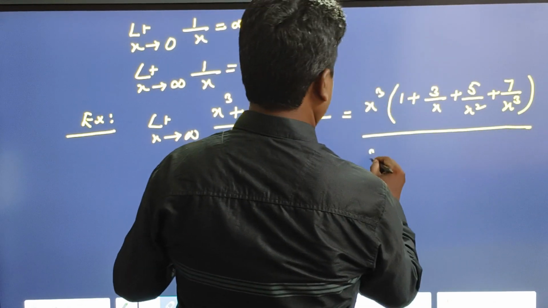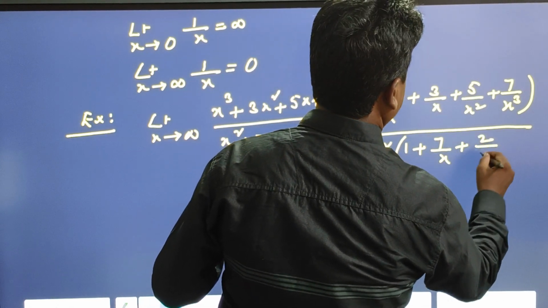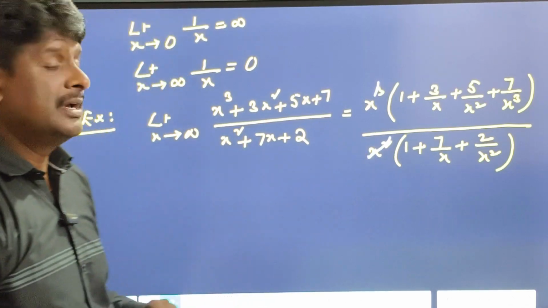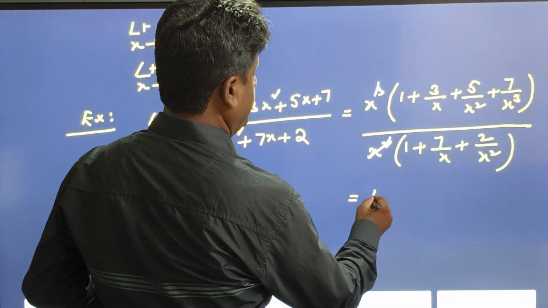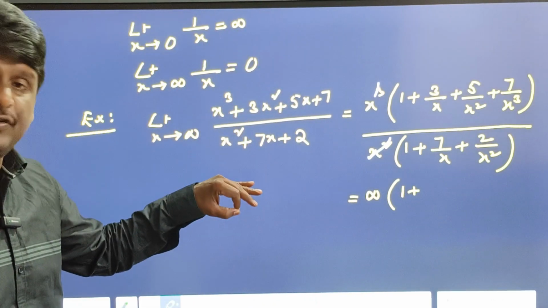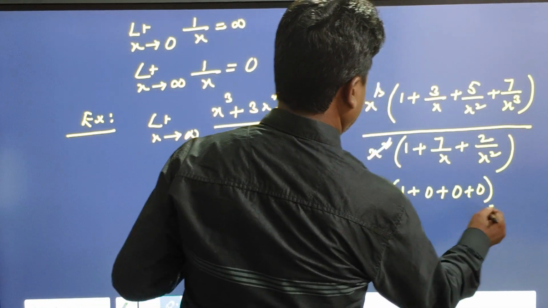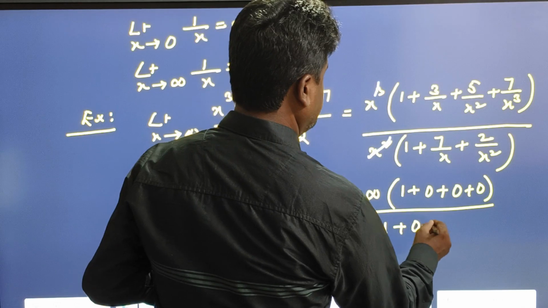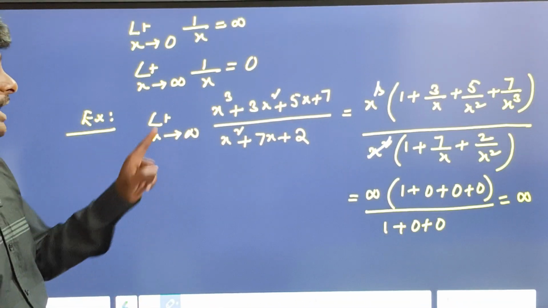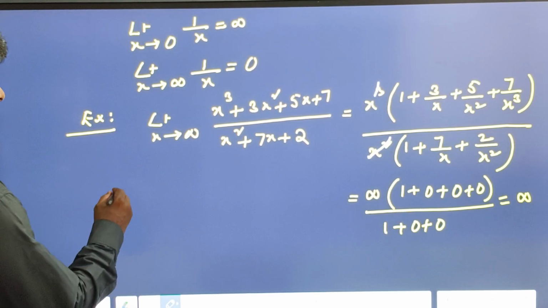In the denominator, x square taken common, 1 plus 7 by x plus 2 by x square. After the cancellation, in the numerator, infinity times 1 plus 3 by infinity, something by infinity is 0, plus 0, by 1 plus 0 plus 0. So answer is infinity. Whenever the numerator degree is greater than the denominator, answer is infinity.